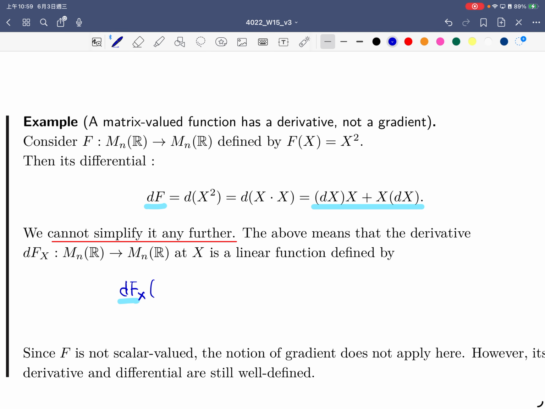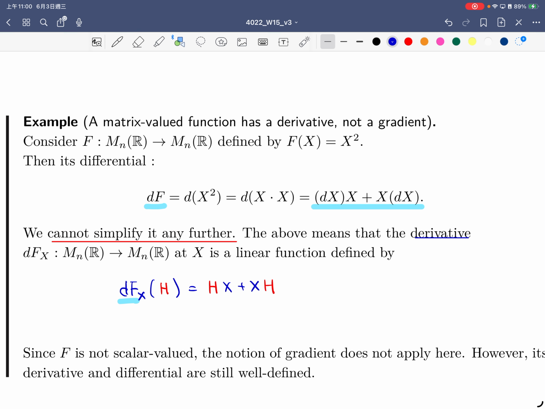And this function is defined, according to what I got above, where dx means h, as a linear map given by hx plus xh. So this is the derivative.